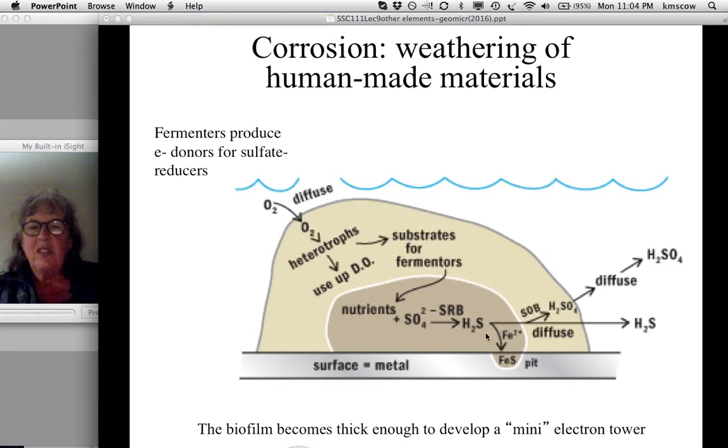And then that H2S, because it likes to form new compounds with things like iron or any sort of cation around, is going to start to pit the surface by plucking out cations, for example, iron, and creating ferric sulfide as well.